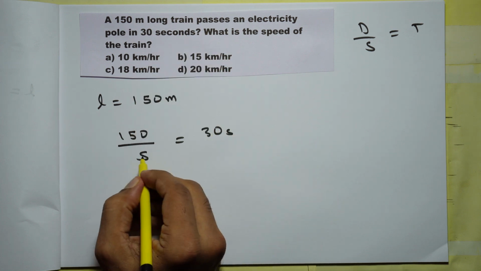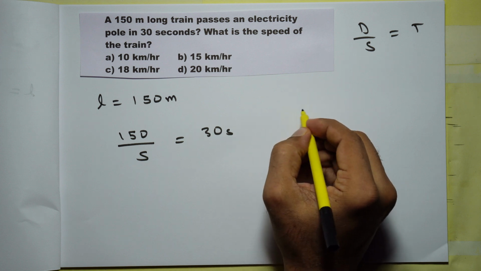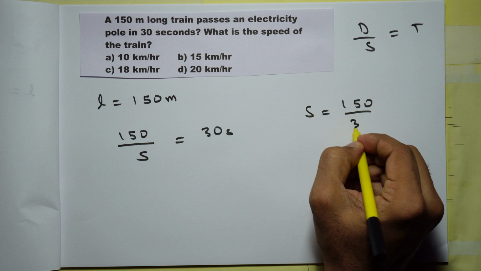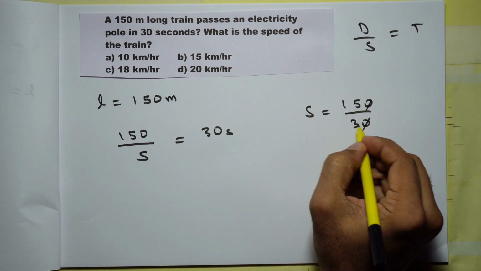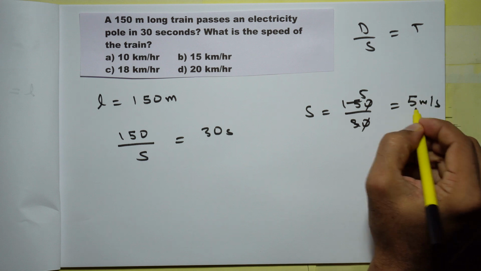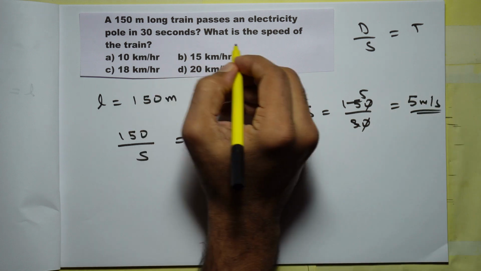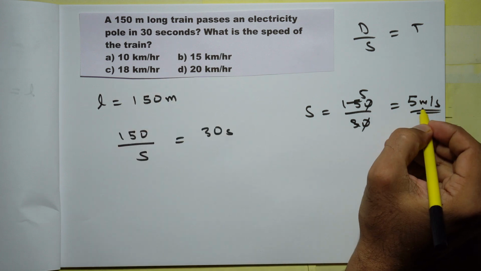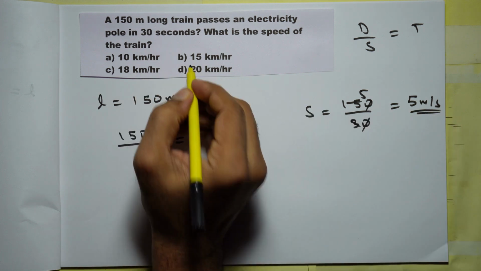So we'll calculate the speed of the train. So speed you will get as 150 by 30. 0 and 0 cancel out, 3 divides 5 times. So speed is 5 meters per second. However, the answers are given in kilometers per hour. So we'll convert meters per second into kilometers per hour.